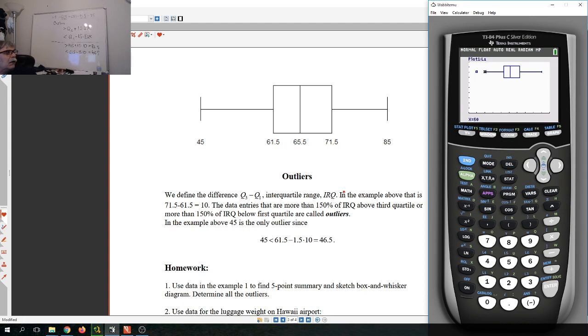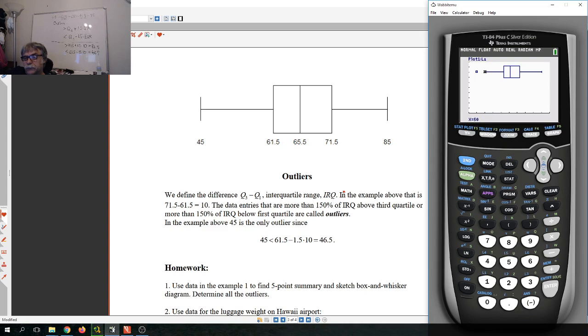Anything above quartile 3 plus 1.5 times the interquartile range, and anything below quartile 1 minus 1.5 times the interquartile range. Those items in the sample that satisfy that criteria, being above 86.5 or, in this particular sample, being below 46.5, would be deemed outliers. Okay, that's my story to complete this lecture.